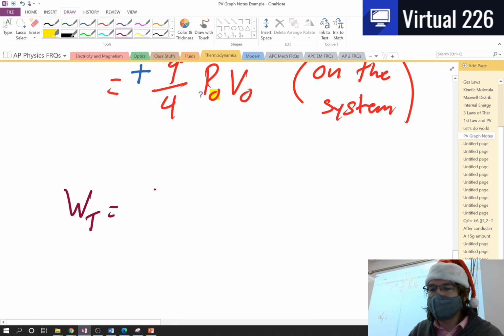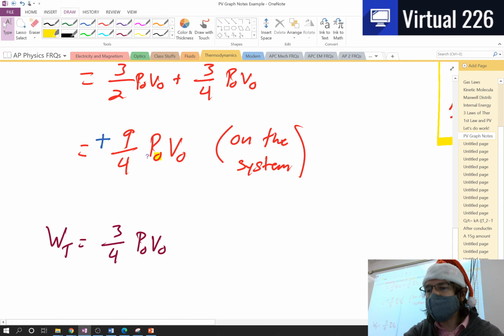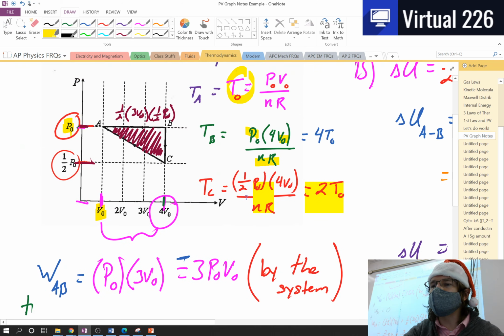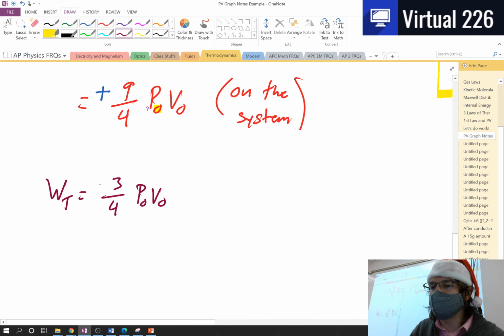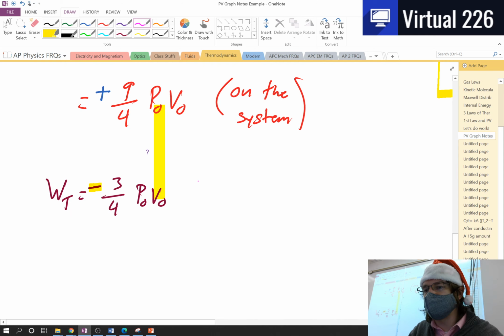It is that 3/4 P0 V0. And since we do see this as a heat engine, we're going around clockwise with our cycles. We quickly see that this will be technically a negative value. So that is our negative value, and if we wanted to be just the best, we could say this is work done by the system.